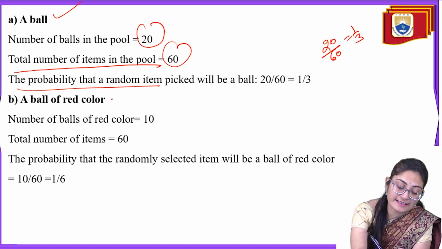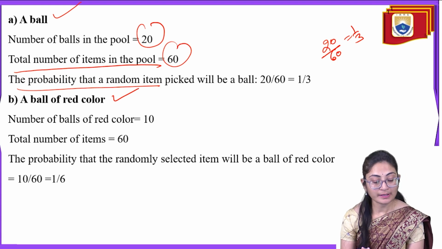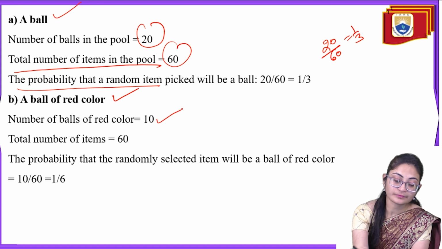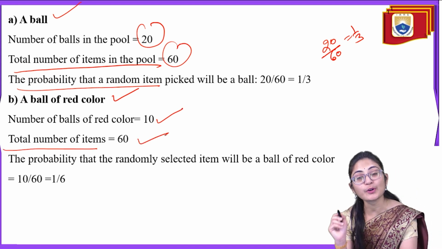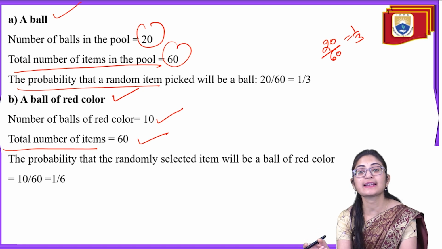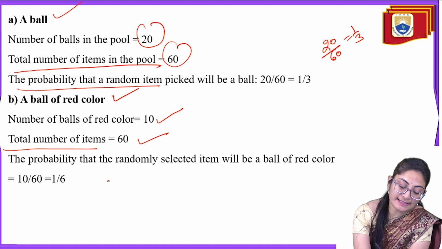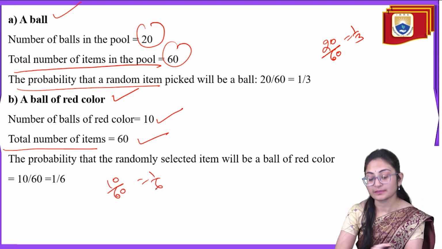Then the second condition is a ball of red color. The number of red balls is 10, the total number of items is 60, and the probability that the randomly selected item will be a red ball is 10 by 60, which is 1 by 6.